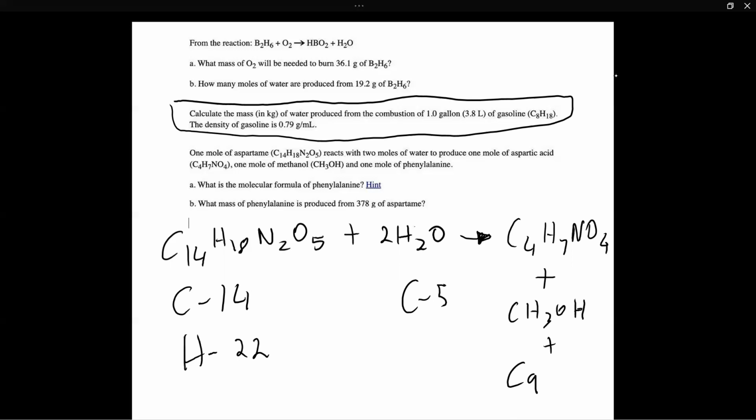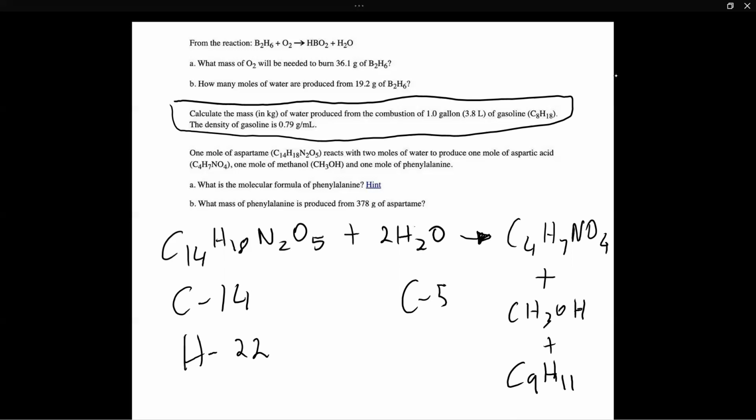So there are 22 hydrogens because there's 18 plus 4. We have only used 11 hydrogens so far on the right-hand side. So the next component of the molecular formula of phenylalanine is hydrogen, which would be 11, because 11 plus 11 is 22. So that would make the equation balanced.